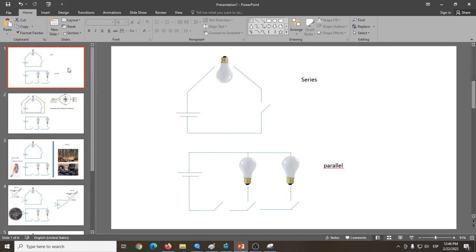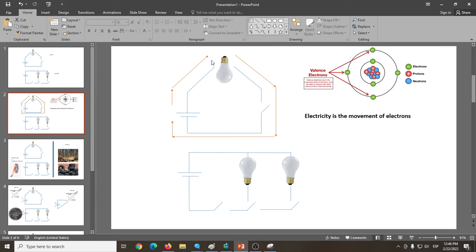I almost forgot. Okay, so in this case the circuit has one single flow, but in this case the electrons move, they come from here, but they are divided.